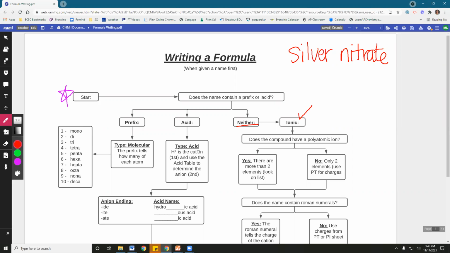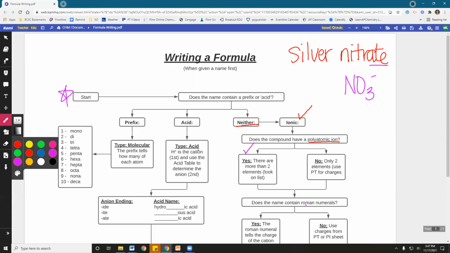First question: does it have a polyatomic ion? Remember that an easy way to spot a polyatomic ion is if you have an ATE ending, which this one does. So nitrate is going to be on the list of your polyatomic ions, and that is NO3 -1. So we should say yes, it does have a polyatomic ion.